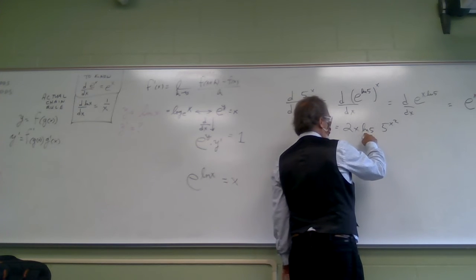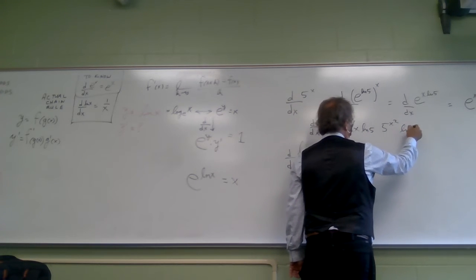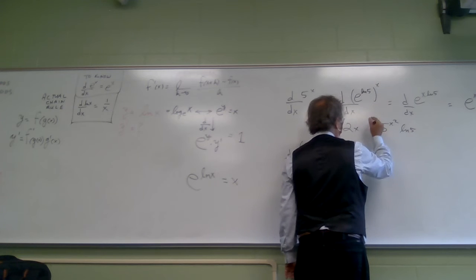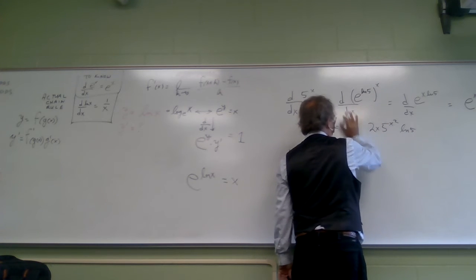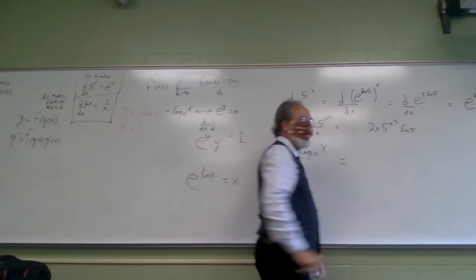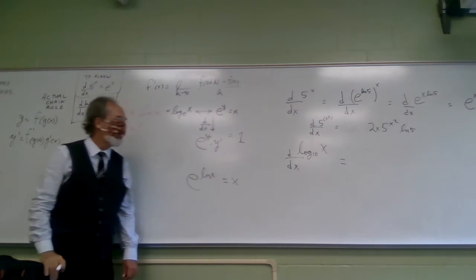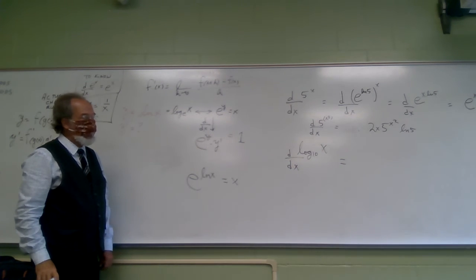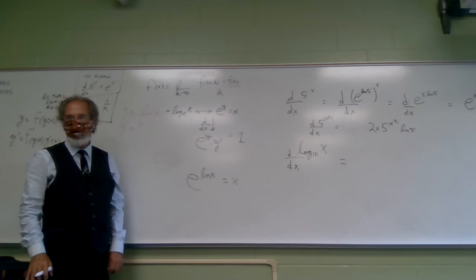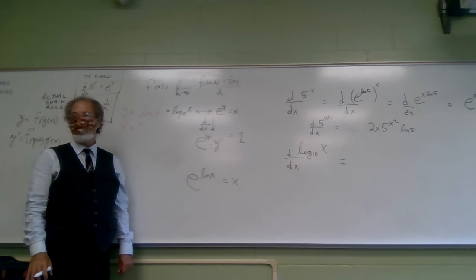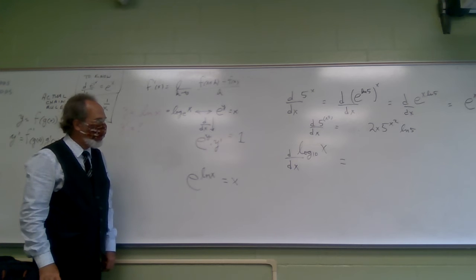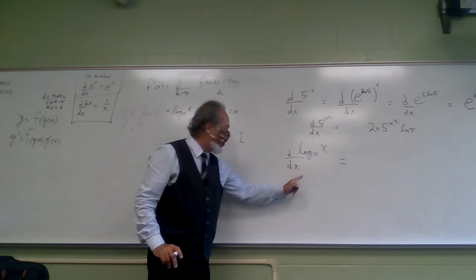A lot of people put this natural log of 5 after, because then you don't have the 5's next to each other in the print face. But that's the pro move. The derivative of the power is going to be a 2x. It's going to happen, so stick it out front.